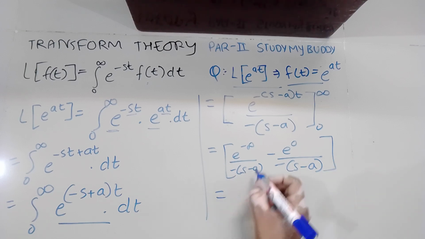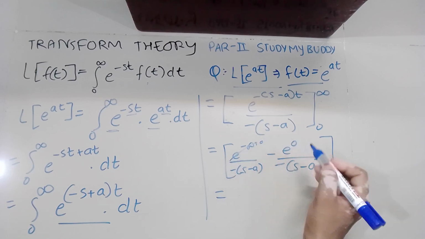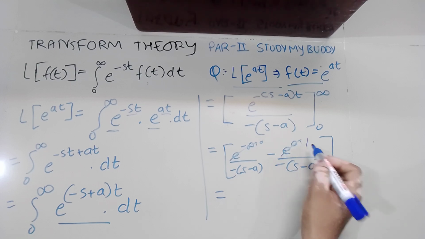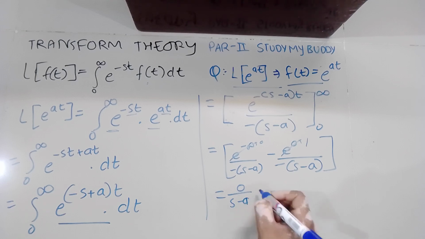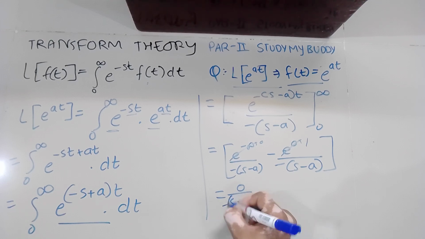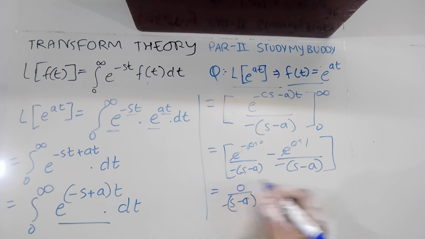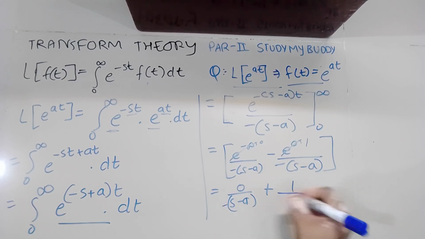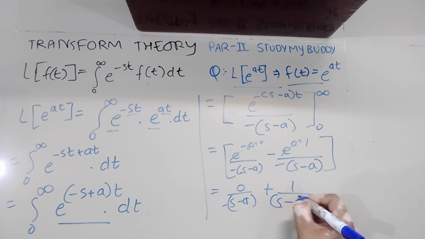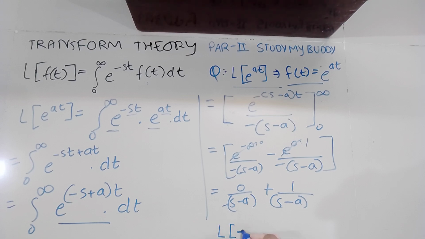Now this will again become 0 and this will become 1. So it will be 0 plus 1 upon minus of s minus a, and we will take this minus down, and it is 1 upon s minus a. Okay, so we can conclude that the Laplace of e to the power at is equal to 1 upon s minus a.